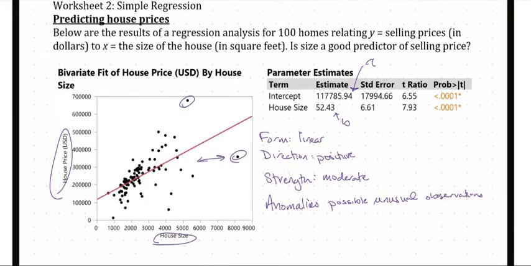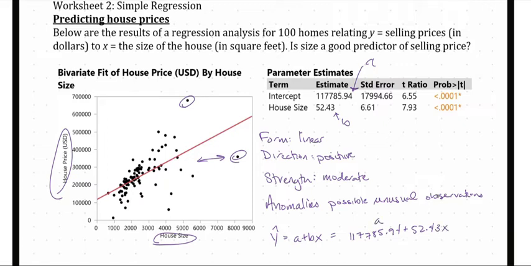Our fitted line is y hat equals a plus bx, where y hat is the predicted selling price for homes at a specific value x, the house size. Based on the regression output in our parameter estimates table, y hat is $117,785.94 plus $52.43 for each additional square foot.